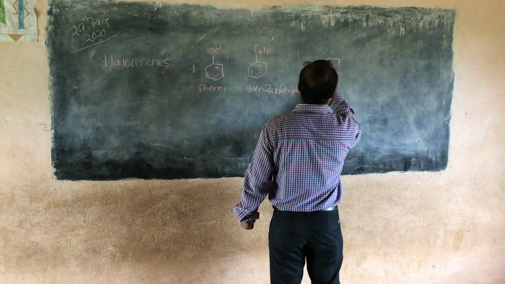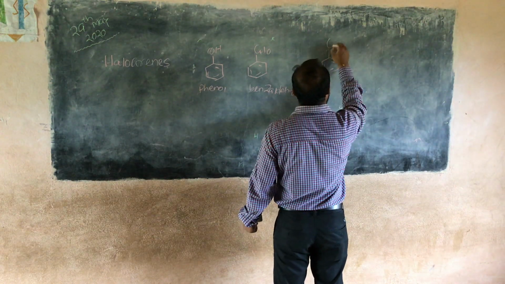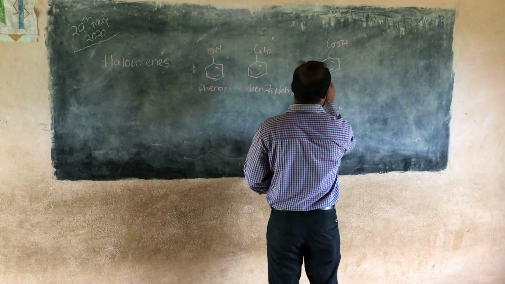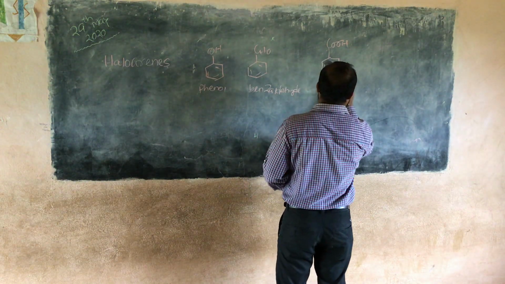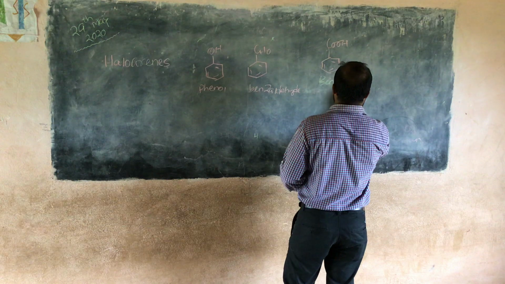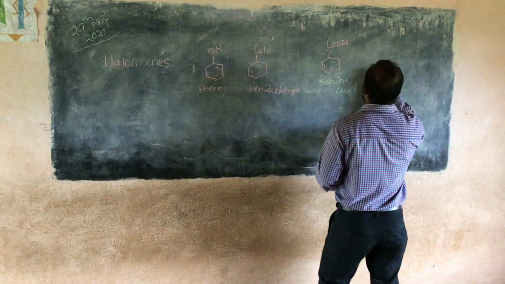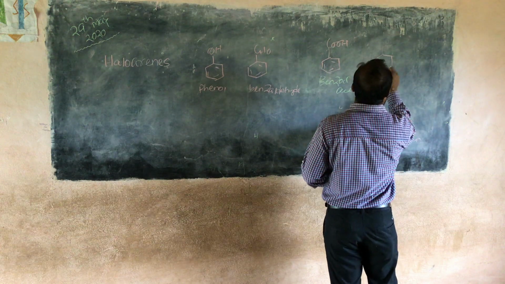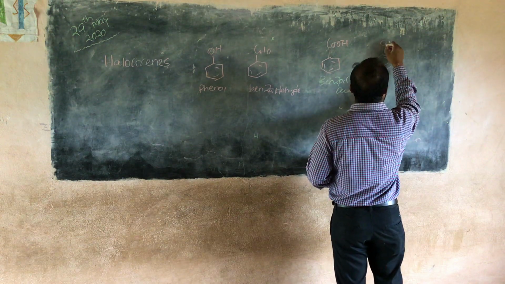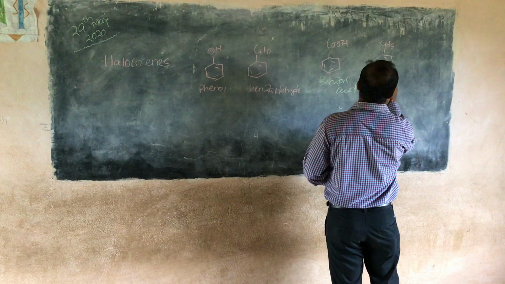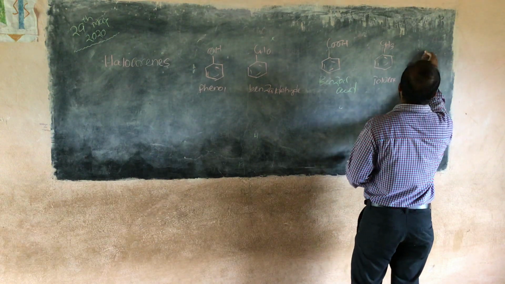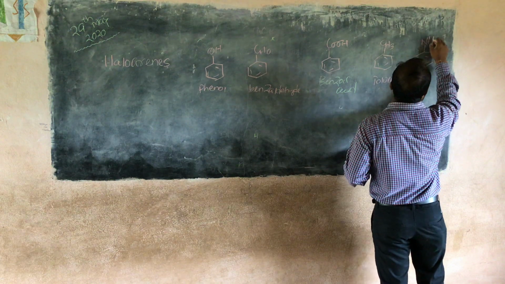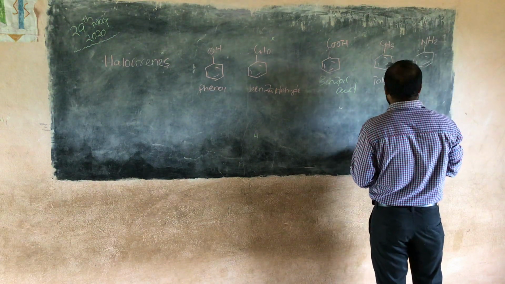When you have an acid group, that is known as what? Benzoic acid. When you have a methyl group, that is known as toluene. When you have an NH2 group, that is known as what? Aniline.